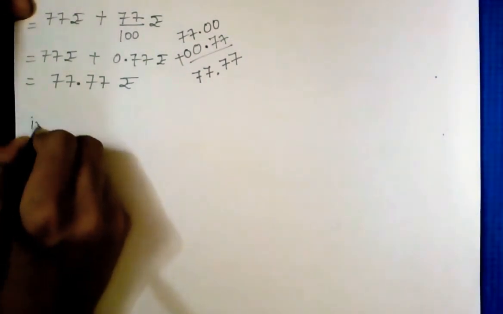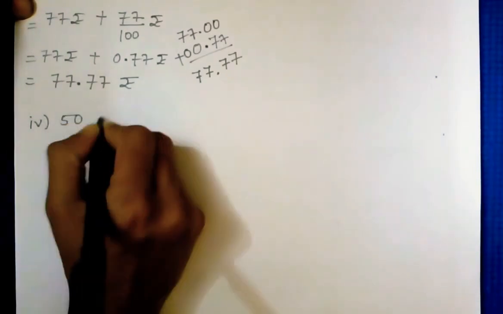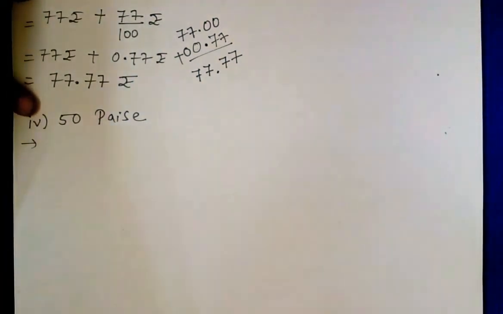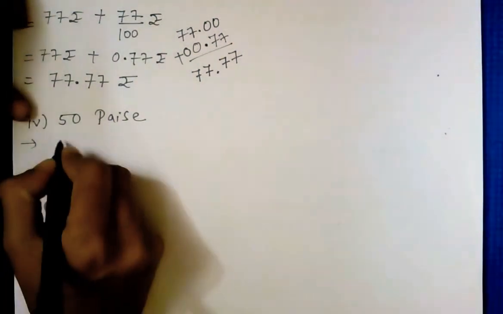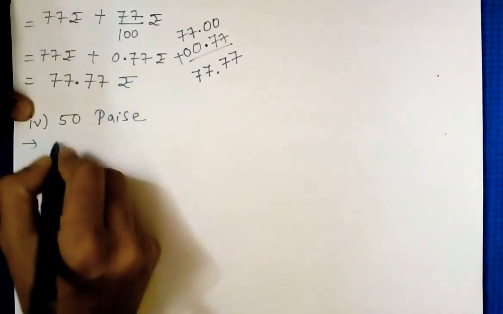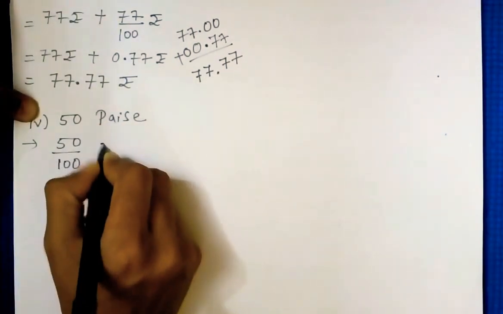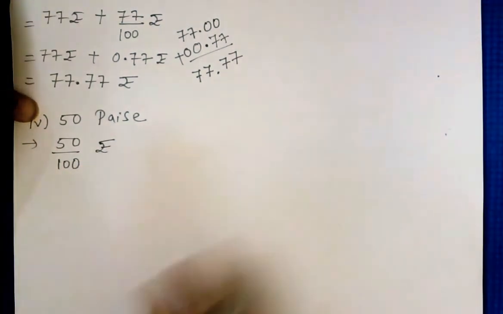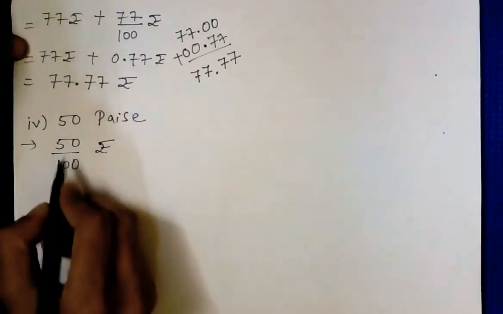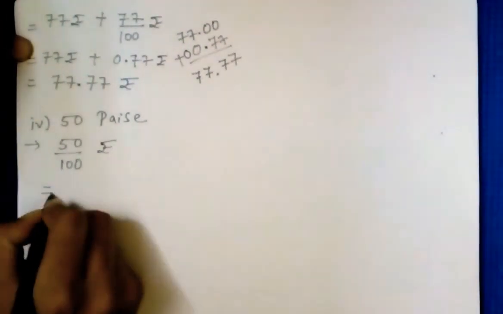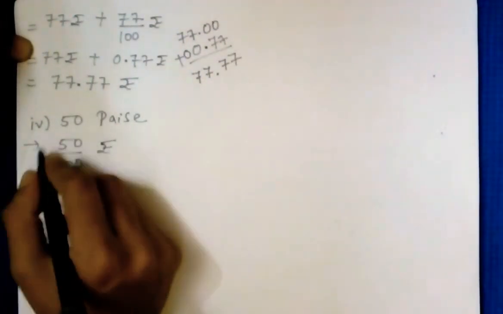Now the fourth one we will see. Fourth one is 50 paise. Now I want to convert paise to rupees, so again I will divide by 100. So 50 upon 100. Now again 100 is given, so after 2 digits I need to put the decimal point. I will convert it to a decimal number.